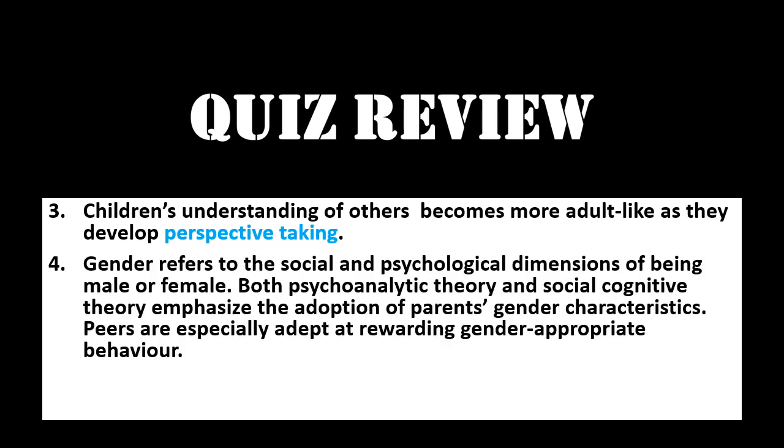We talked about gender and how that refers to both social and psychological dimensions of being male and female. We looked at psychoanalytic and social cognitive ways of emphasizing the role of how parents influence how the child experiences gender. Peers are especially adept at rewarding gender-appropriate behavior.